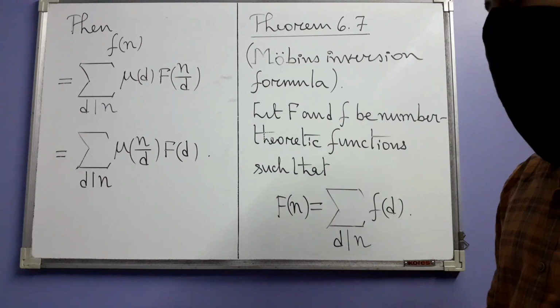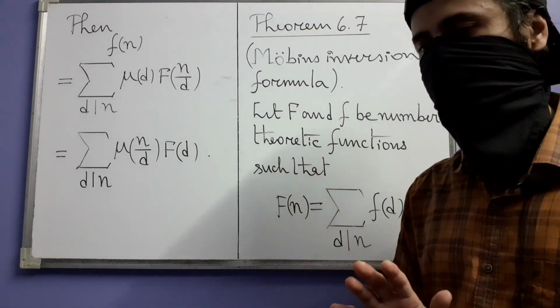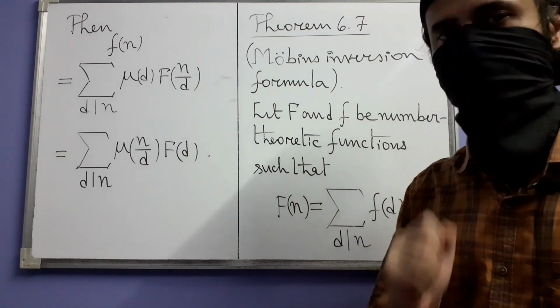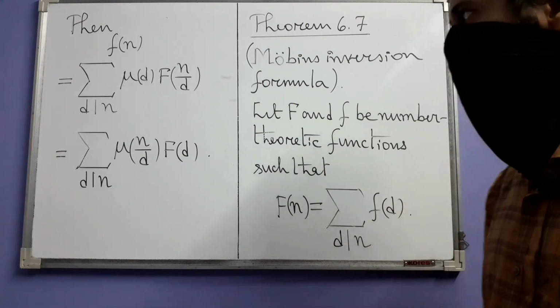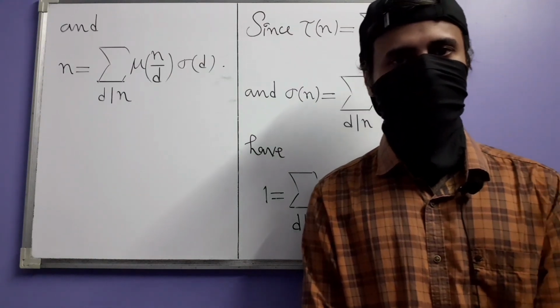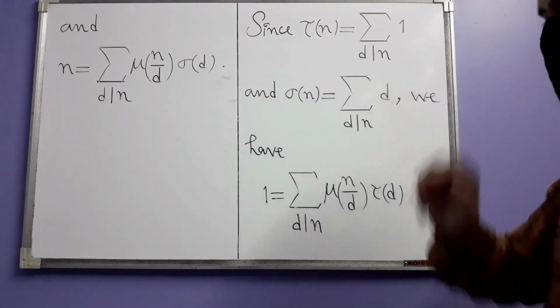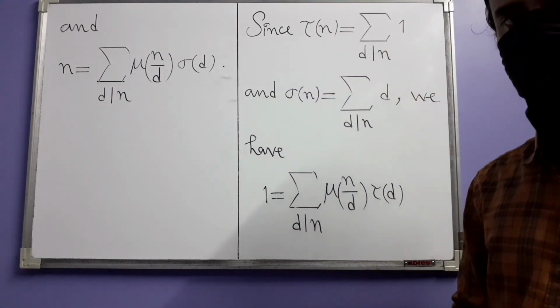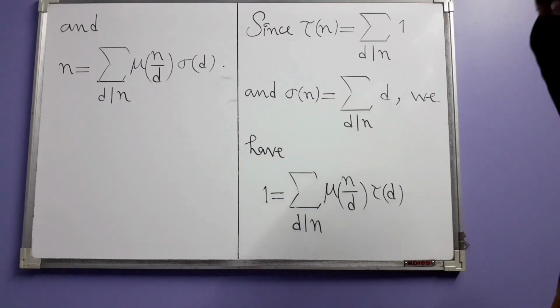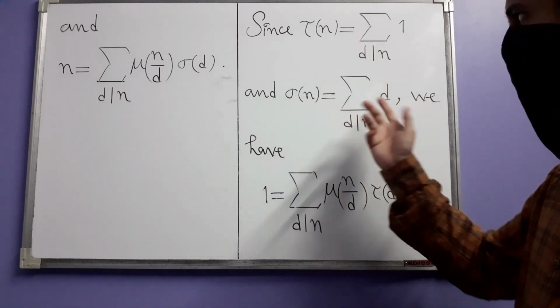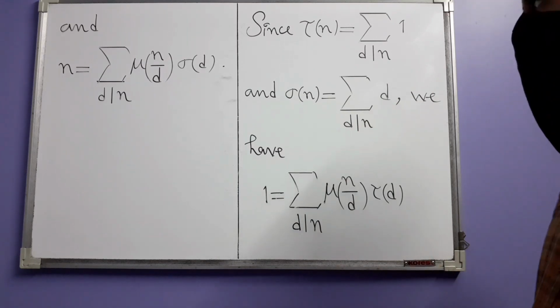Now how would this inversion look if we apply it to the similar formulas for tau and sigma? Let's see. So let us go back to our tau and sigma. Tau of n is the sum of that many ones as many positive divisors n has. So that way we get the number of positive divisors of n, and sigma of n is the sum of the positive divisors of n.